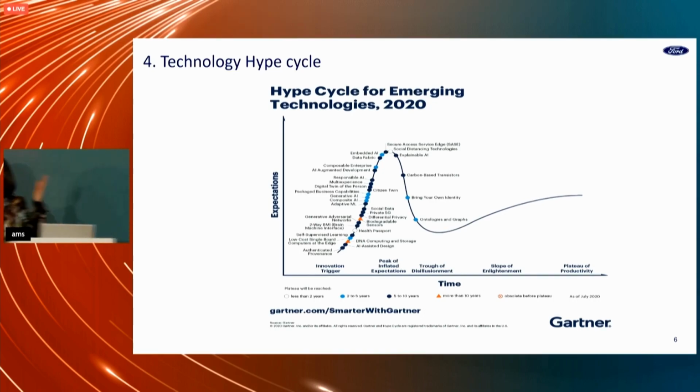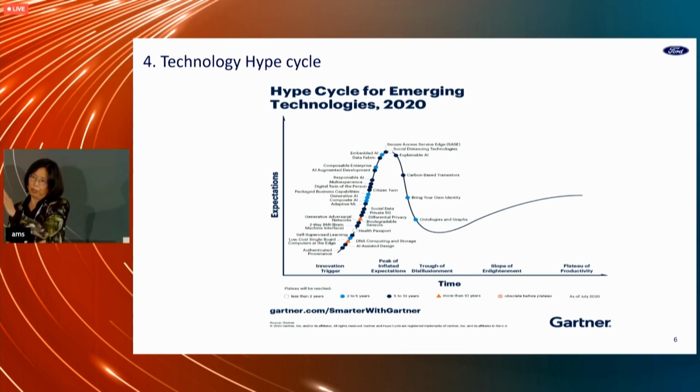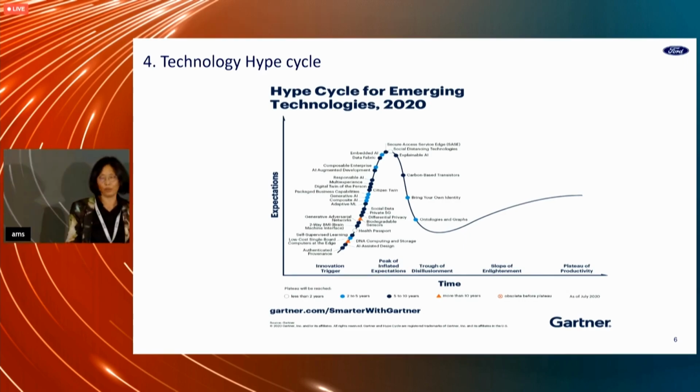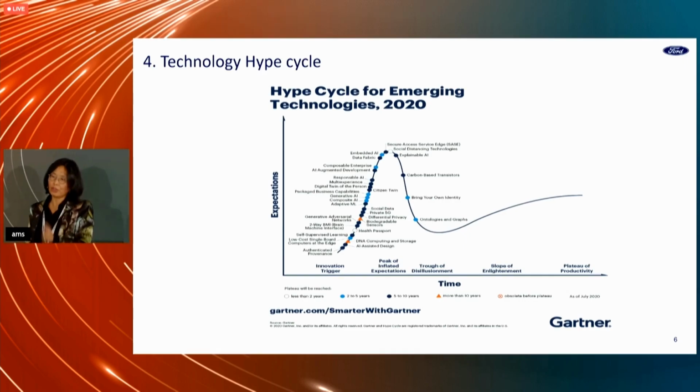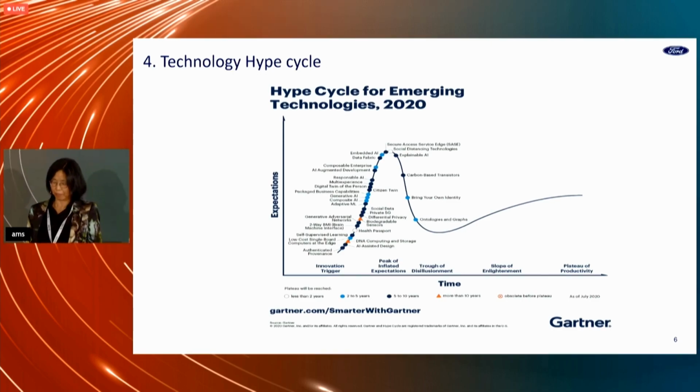A lot of technologies, or some technologies, disappear in this phase, but the technology that survives this low point gets robust development and reaches productivity. But this robust development takes much more time than the hype. So we need to consider that all new technologies take more time than we expect.